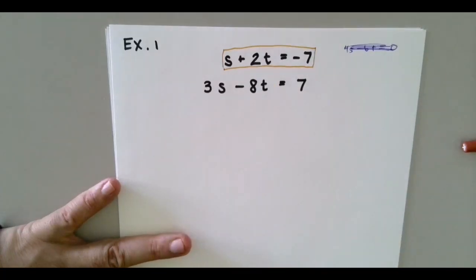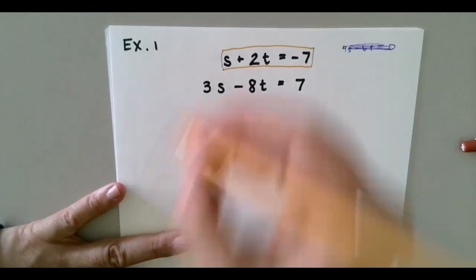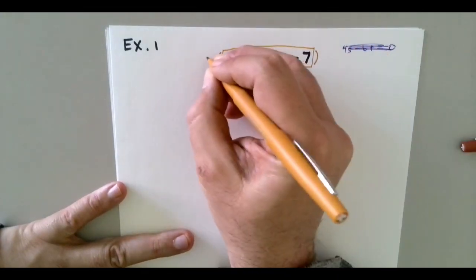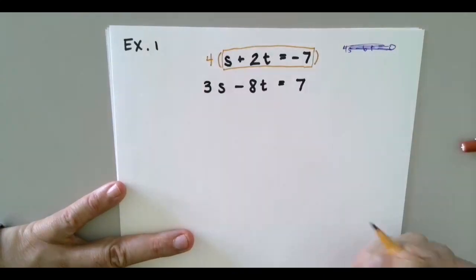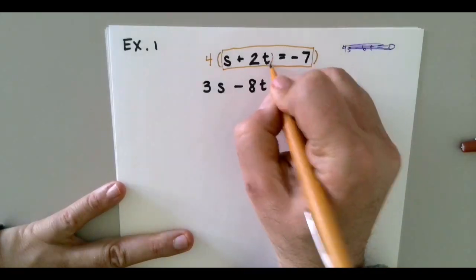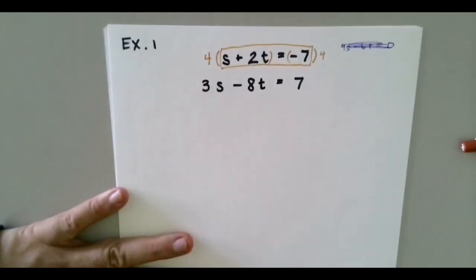If I could make that an 8t, it would work. So what I want you to do is, just like I'm allowed to add or subtract these, I'm allowed to multiply and divide them too. So I can actually multiply that entire equation by 4. Technically you're multiplying both sides by 4, but I'm just going to multiply the entire equation by 4.